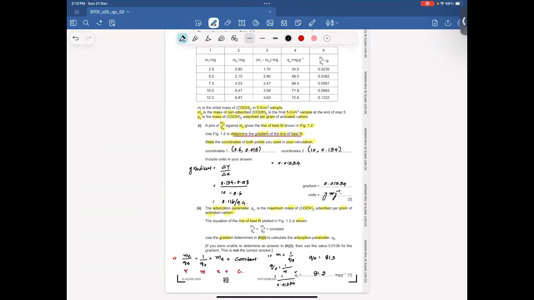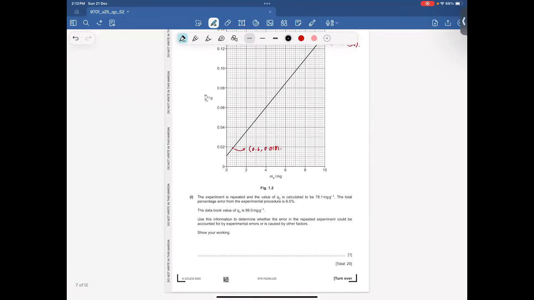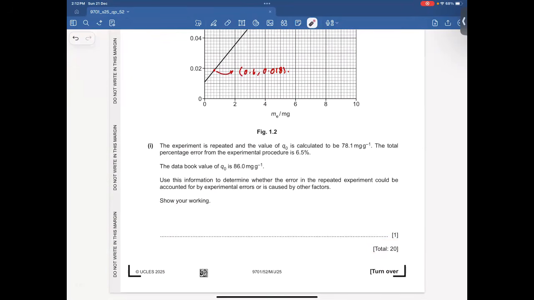That's a lot of calculation actually, a lot of working. My goodness, it has a total of 20 marks, which is why this question is very, very lengthy. Anyway, that's the last part. The experiment is repeated and the value of Q naught is calculated to be 78.1. Okay.